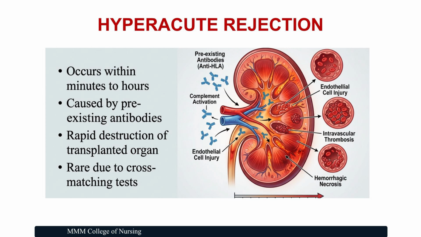These antibodies immediately attack the blood vessels of the new organ, causing clotting and cutting off blood supply. Unfortunately, hyperacute rejection is largely irreversible and the transplanted organ usually has to be removed. This is why cross-matching before transplant is so essential. It helps us catch this risk in advance.